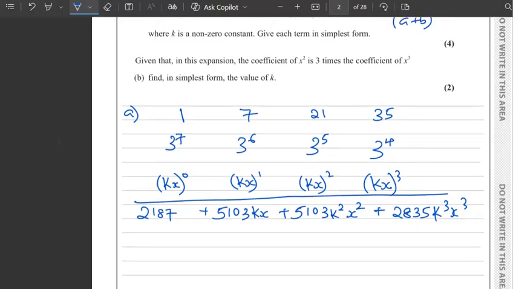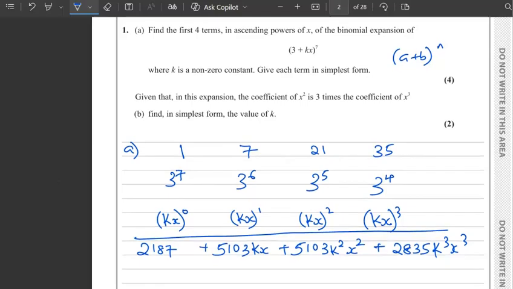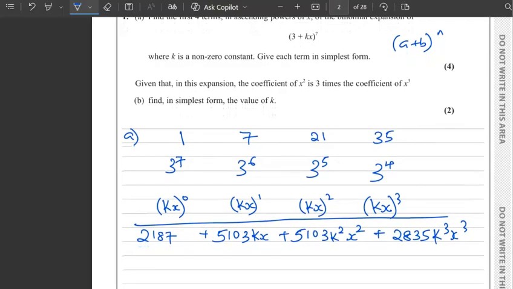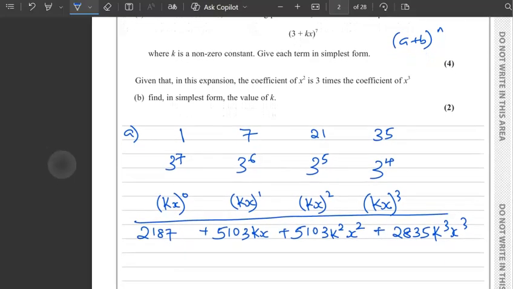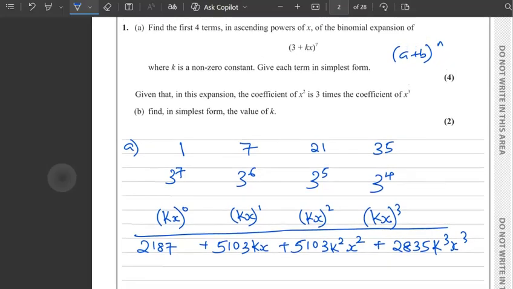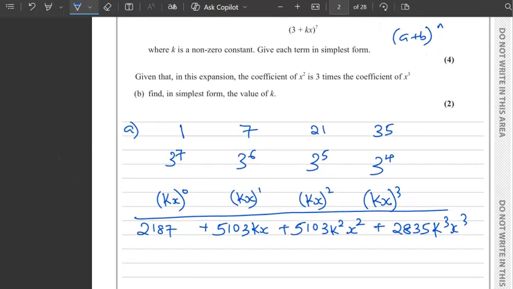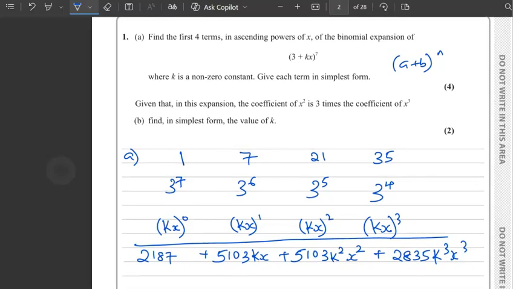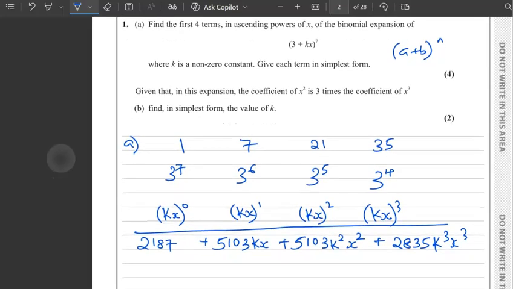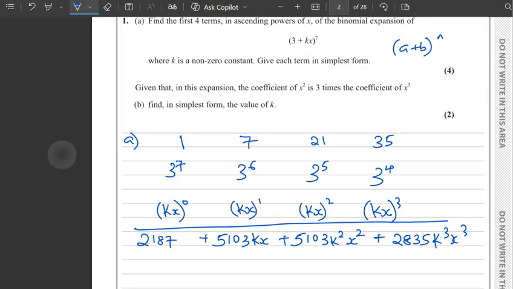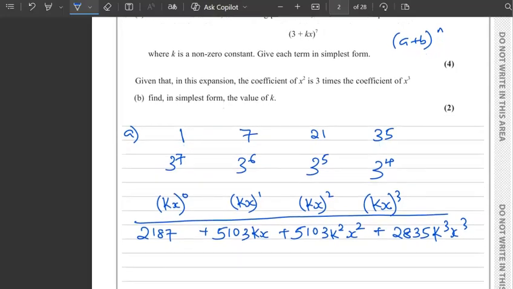So that is the expansion for the first part. They said just find the first 4 terms, where k is a non-zero constant. So that is what we have.